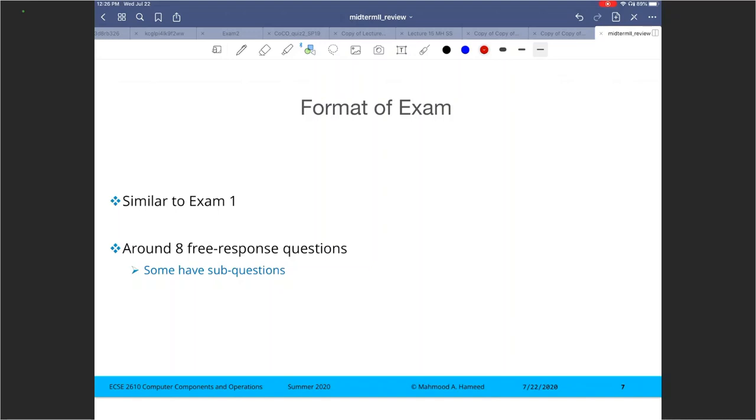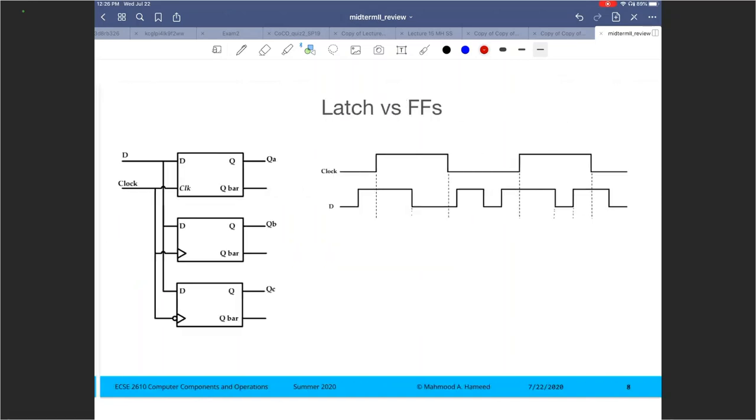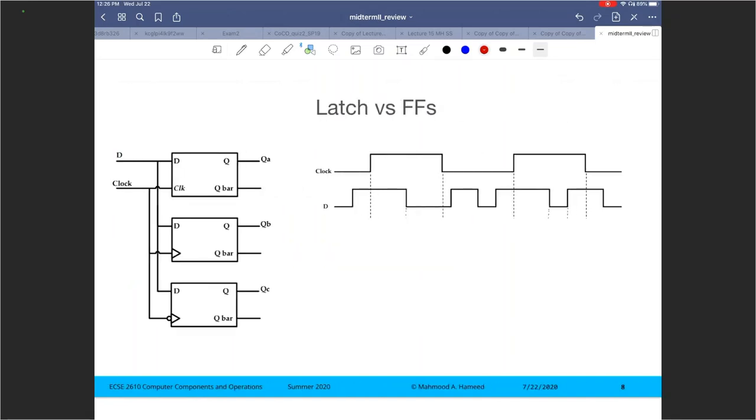Okay, let's see. Before I start off with some example problems, maybe I can take some questions here. Questions about topics, logistics, format. Please feel free to use your mic to ask the question.